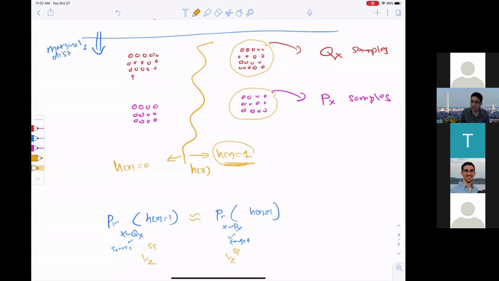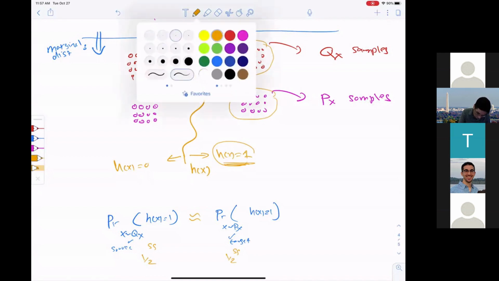So can I come up with another function in my hypothesis class that, from the perspective of that function, source and target can be very different? Horizontal, yes, exactly, right? So let's look at another function.